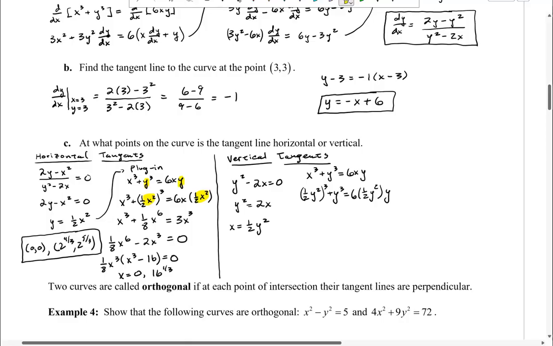So just as we did in the horizontal tangents case, we're taking our 1/2 y squared and we plugged it in for x in the original equation. Now we solve for y.